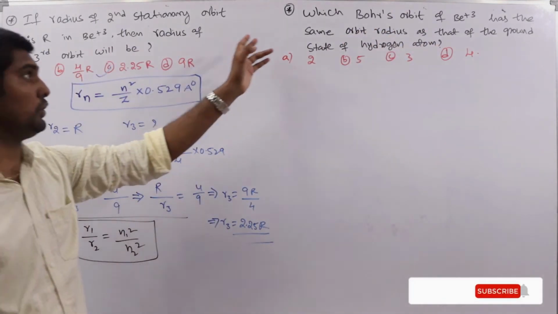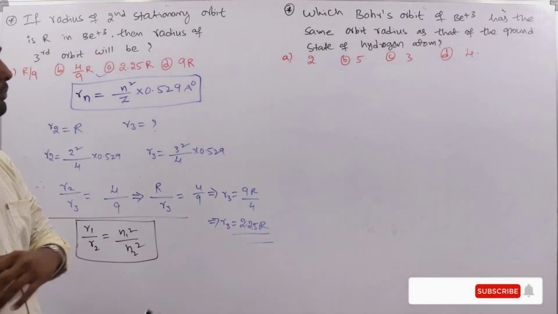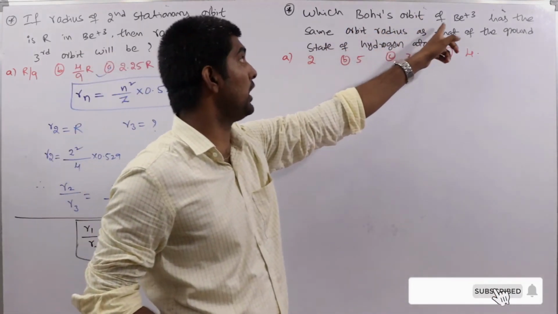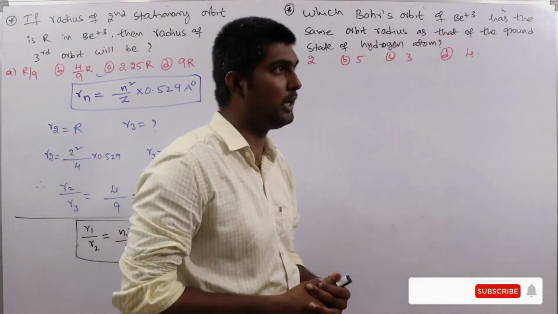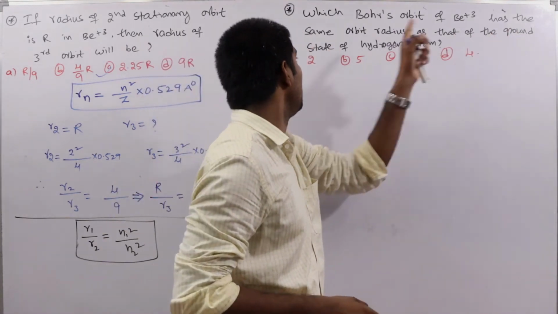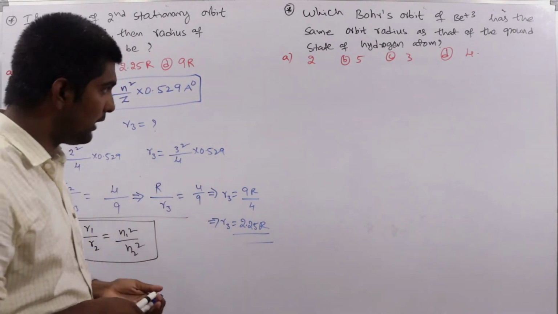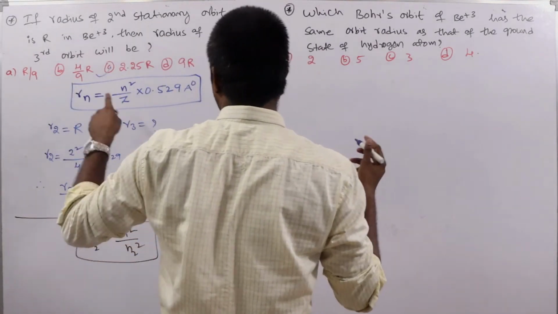So here, which Bohr's orbit of beryllium plus 3 has the same orbit radius as that of the ground state of hydrogen atom? So this is the formula.